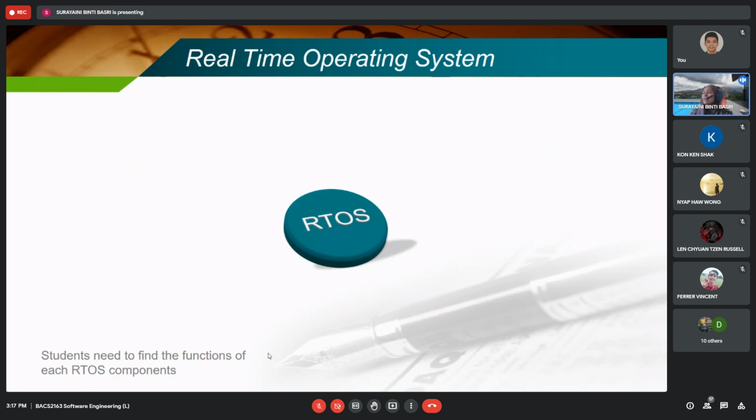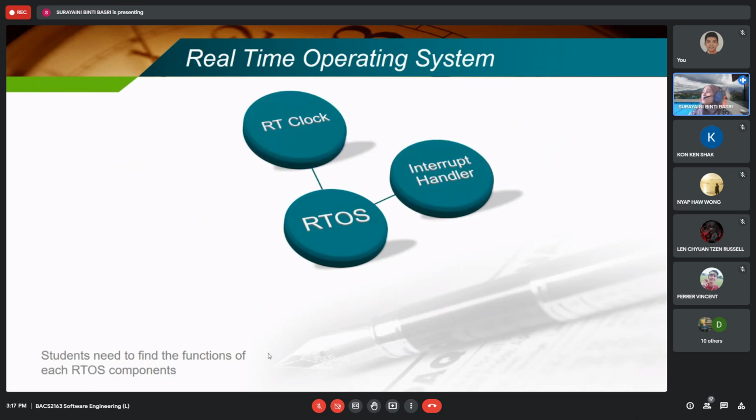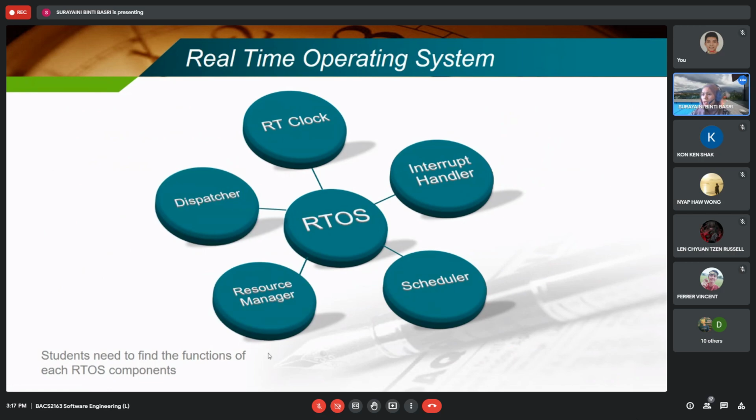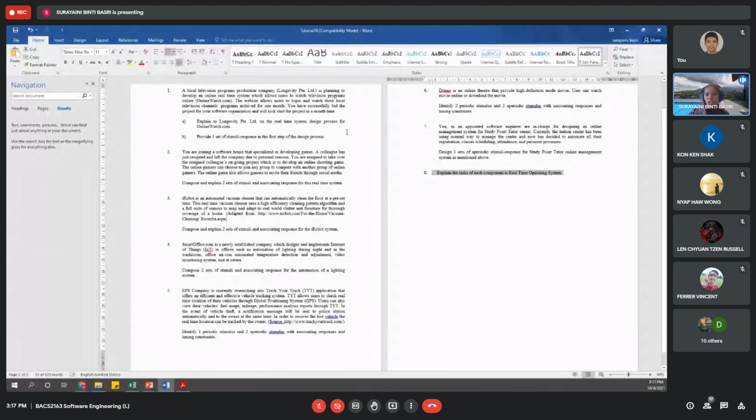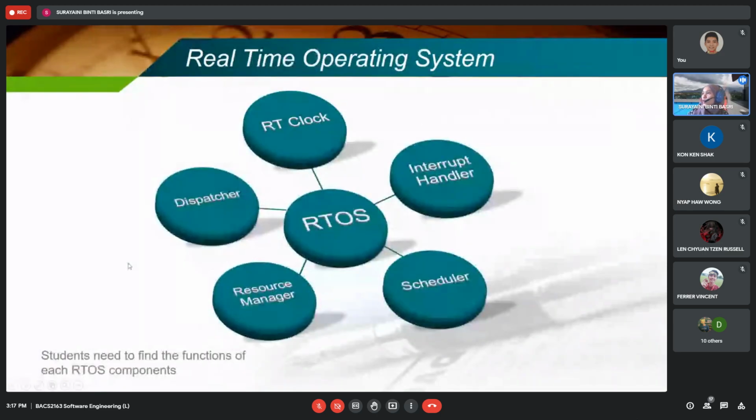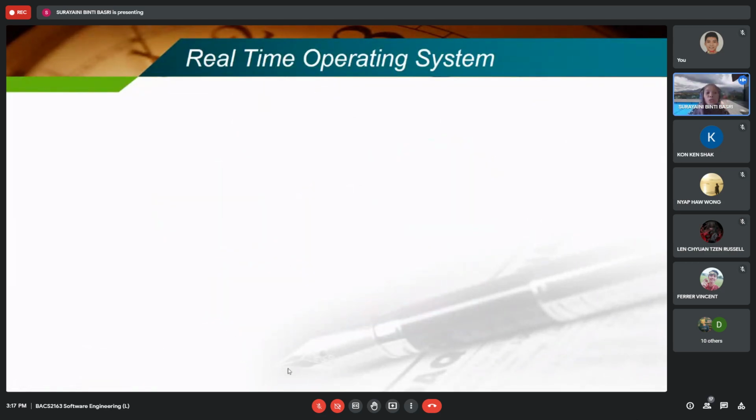Okay, so these are the 5 components of the RTOS, but I will need you all to find out the task of each of these components. In our tutorial letter, there are questions on this. So you all will need to identify, please use Google to search about the tasks for each component, so that you do some reading.